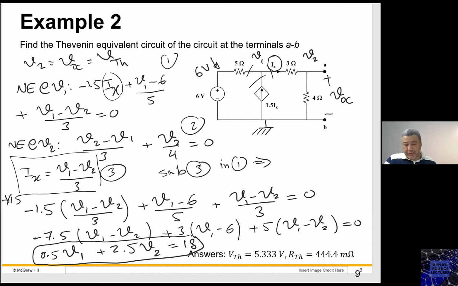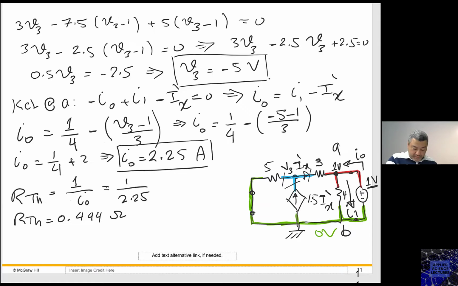Or 444.4 milli ohm. So this is the R Thevenin for a circuit that has dependent sources. This is, again, one of the approaches. I'll leave the second approach for other examples that we will be doing.